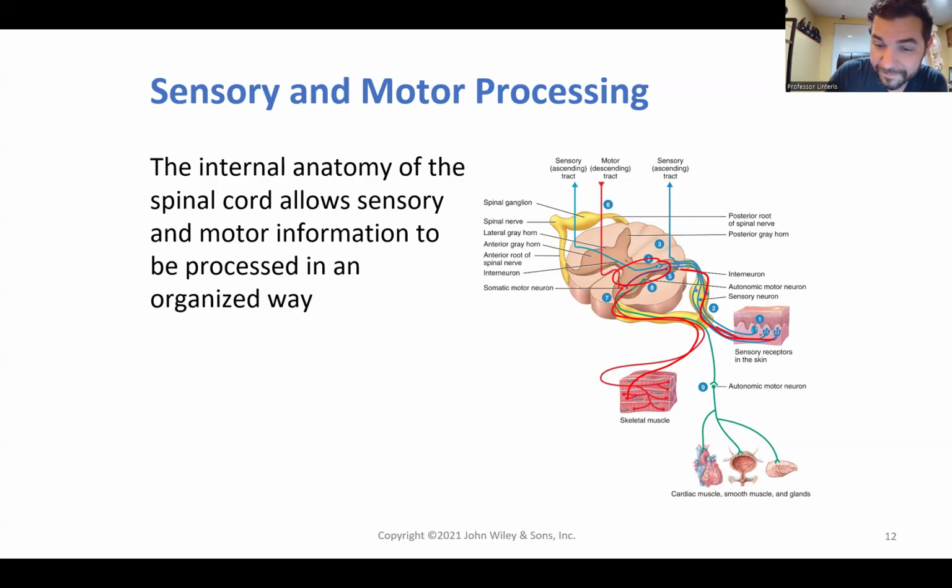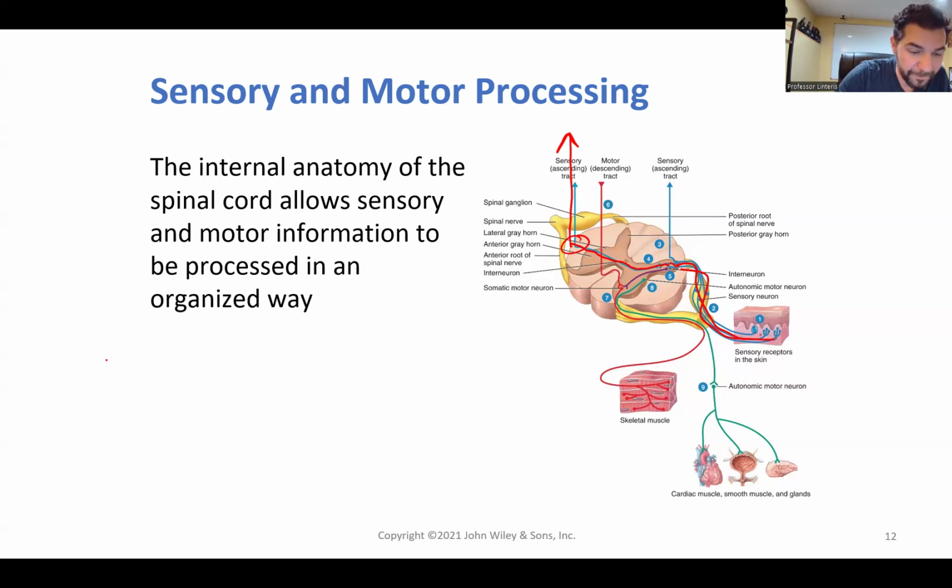So when it comes in, you could see over here, without going too crazy, that message will be sent across the spinal cord, and the key is that this is going up to the brain. Notice that that pathway is going up through the white matter, right? And it says ascending tract.